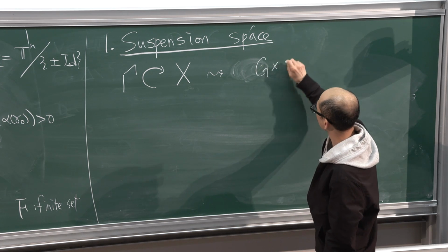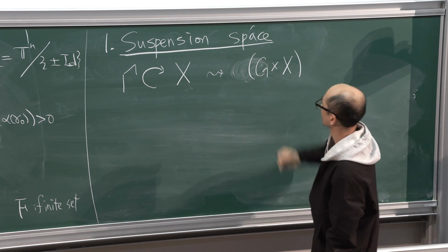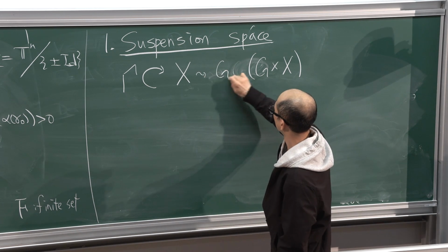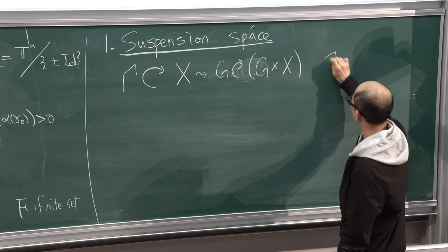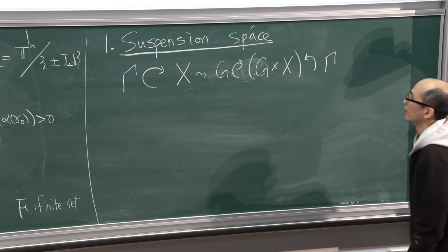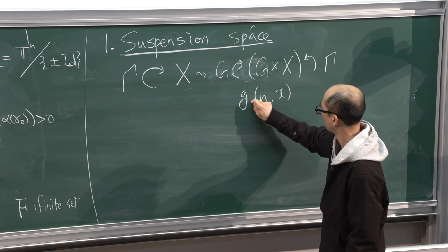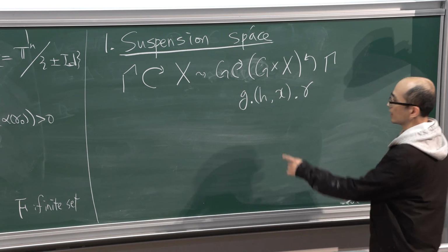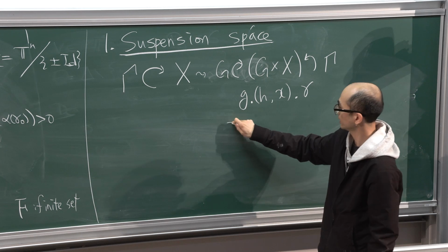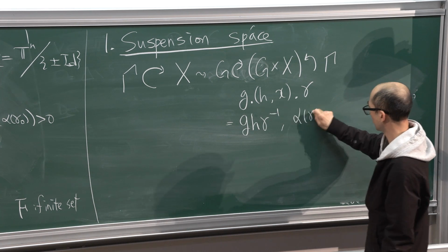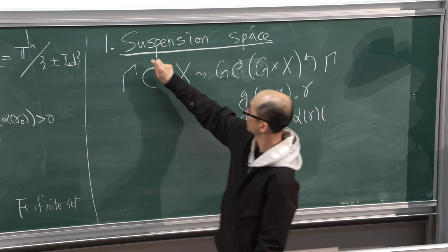I want to think about G cross X, with the left G action and the right Gamma action, given by g h gamma inverse and alpha of gamma of x. Let's say alpha is the action map.